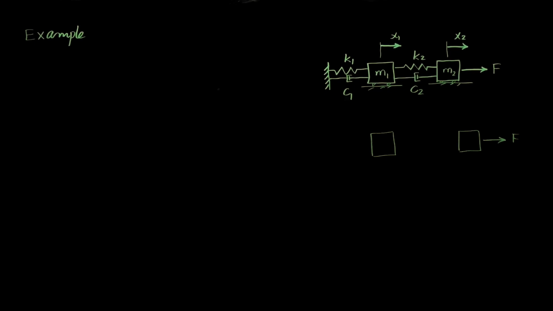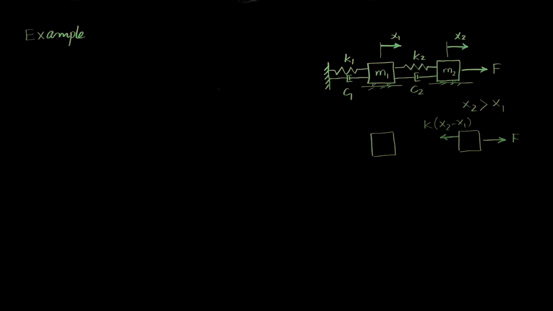Now the spring force, assuming that x2 is greater than x1, means the spring is in a stretch situation and the spring force goes to the left. This spring force will be K times the deflection in the spring, which is the difference of the motion, x2 minus x1. This is the spring force.